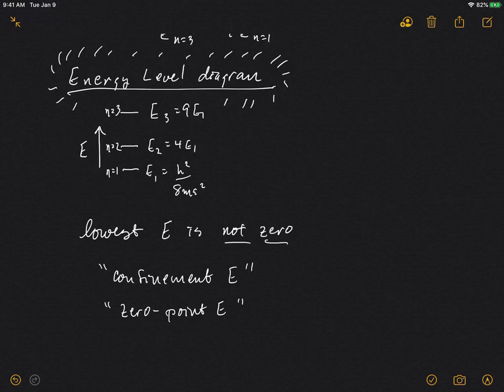Now that said, a lot of quantum systems are somewhat confined. You can think of an atom inside a lattice as being confined by the other atoms that are holding it in place. And so it's going to have some confinement energy or some 0-point energy associated with it. This is one of the strange quantum mechanical predictions, which is that particles always have some kinetic energy associated with them.